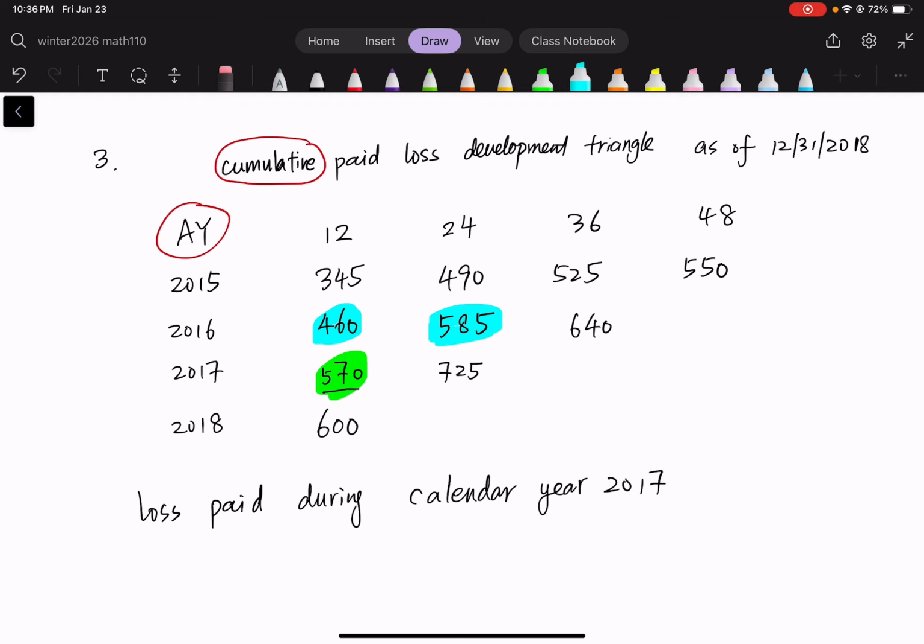So the difference, 585 minus 460, is the losses paid during 2017 for the accident happening in 2016. Similarly, the difference between these two also gives you the loss paid out in the year of 2017 for the accident happening in 2015.